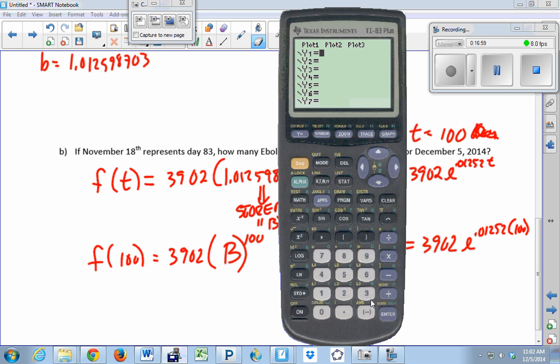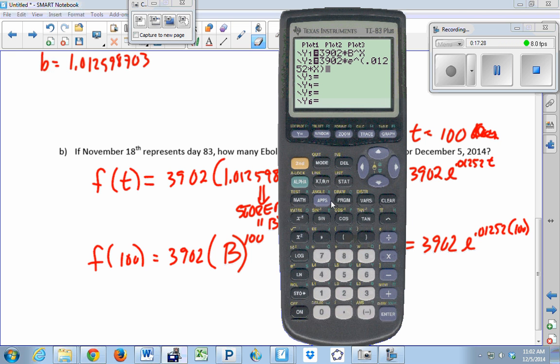Let's do the first model: 3902 times B, which is stored in alpha B, raised to the X. Okay, so there's my first model. My second model, with the continuous growth rate, is 3902 times E raised to the 0.01252 times X. Okay, so these two are equivalent.